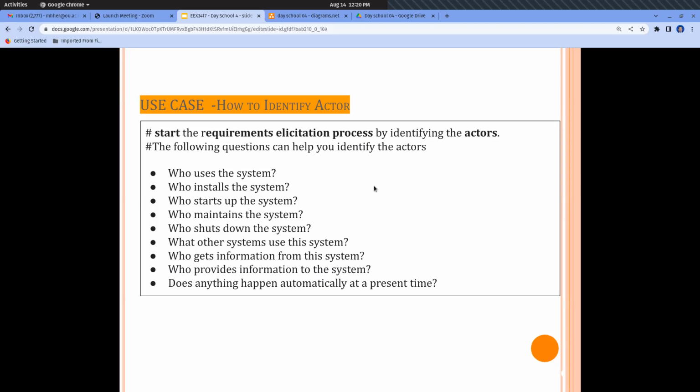In requirement elicitation, you have to answer these questions. To get the answers, you have to use interviews, observations, and meetings like that.